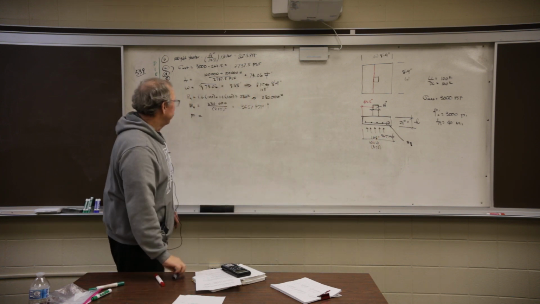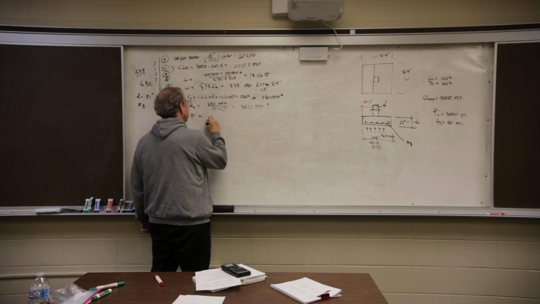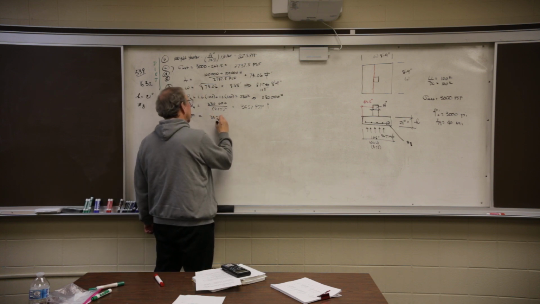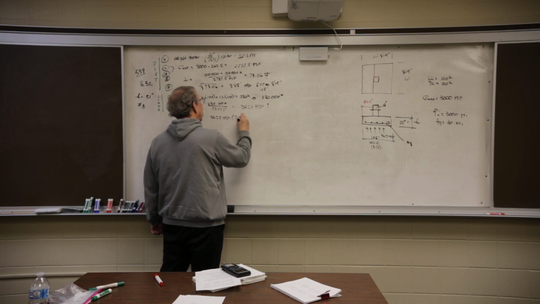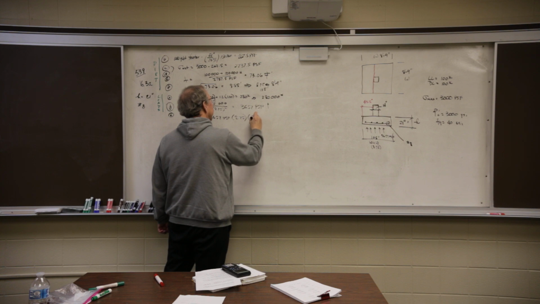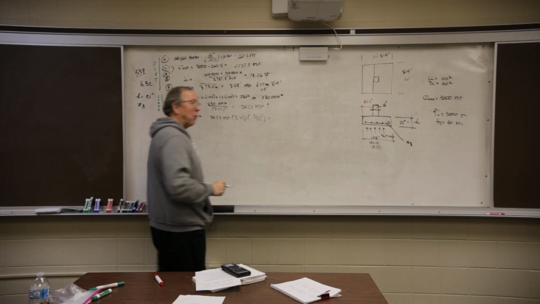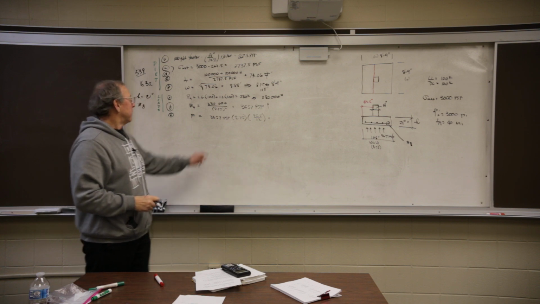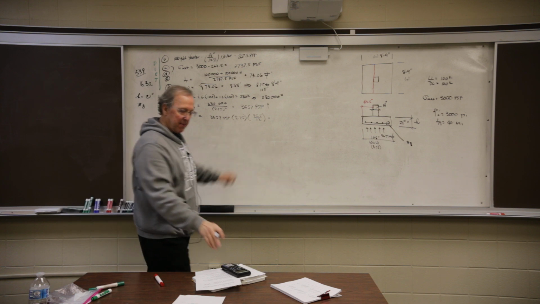So here's my force. My force is going to be 3657 pounds per square foot, times 8.75 feet in one direction and 45.5 divided by 12 in the other direction. Why 12? Pounds per square foot, this is in feet. That needs to be in feet.